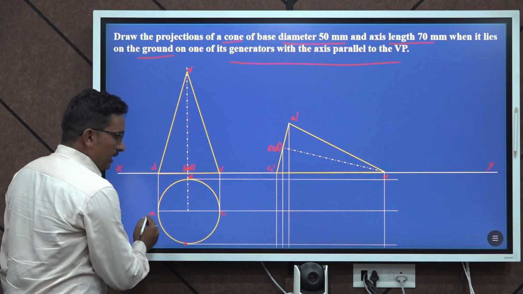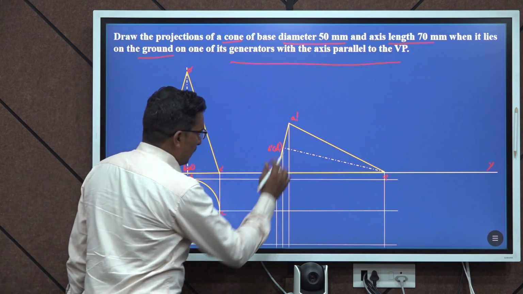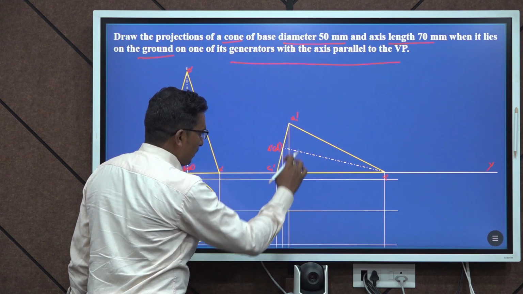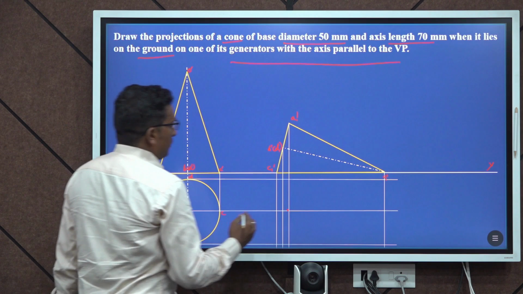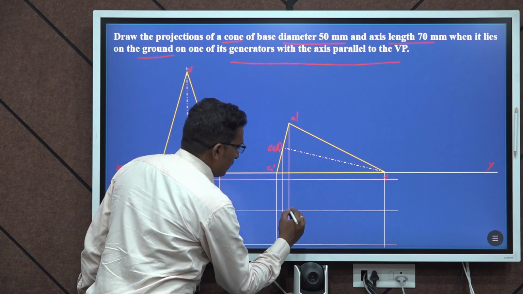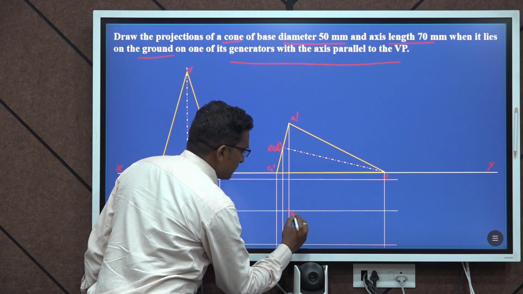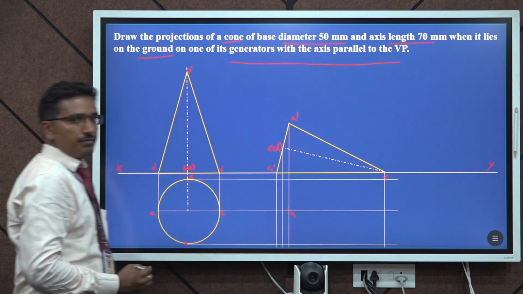First we will start from A. In this diagram A is located here, the points meet here, and I am going to modify the name as A1.